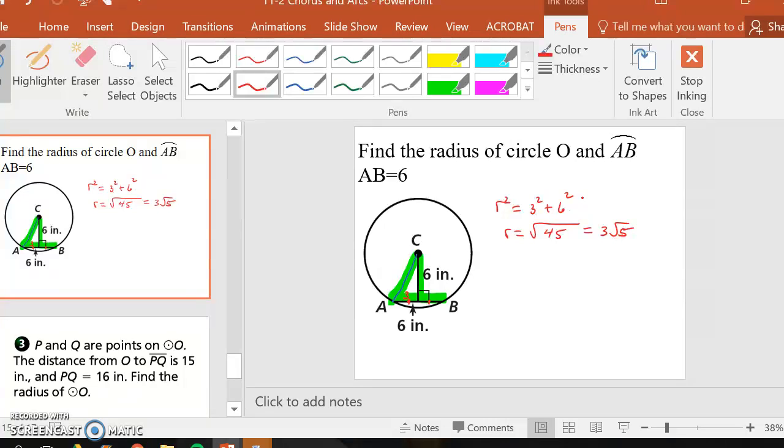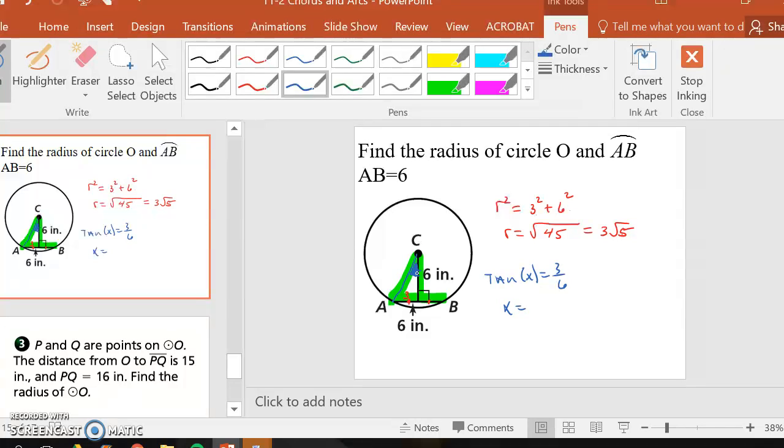But the bigger question is, how do we find the central angle or the measure of the arc? I'm just going to basically talk about it because I want to get through the rest of the examples. We could use trig, which would be tangent. We can say the tangent of x is equal to the opposite 3 over hypotenuse 6. And to find the measure of this angle using trig, remember we use the inverse.